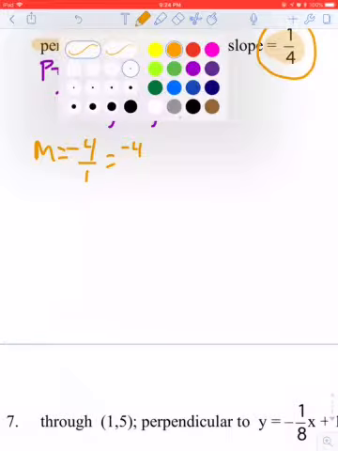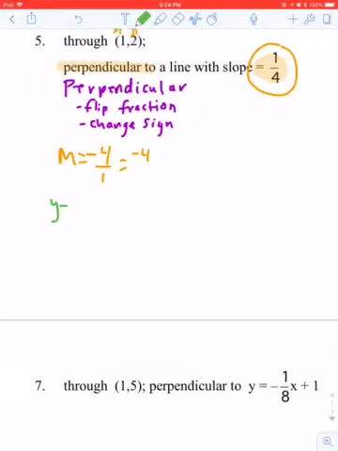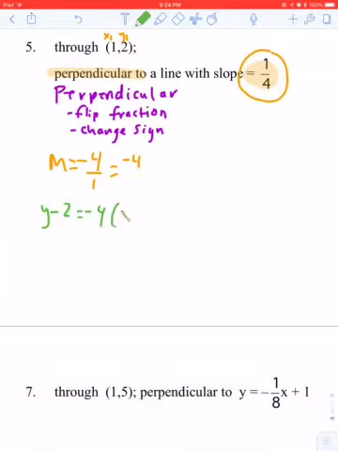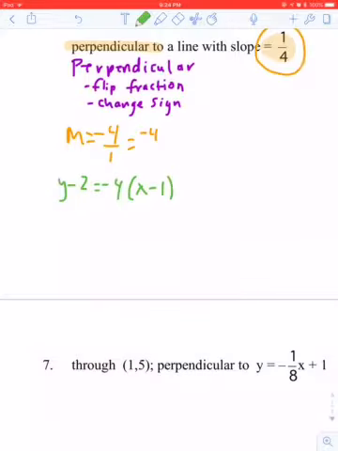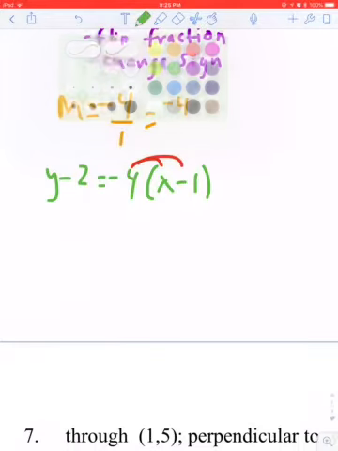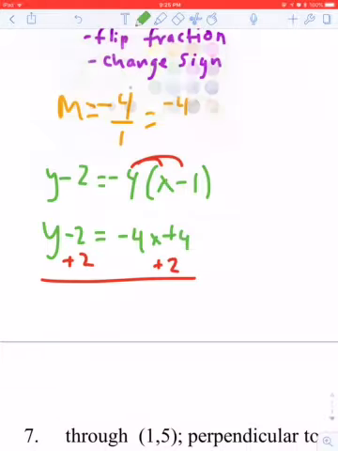So again, write it in point slope form. y minus 2 is equal to -4(x minus 1). I'm going to distribute. I get y minus 2 is equal to -4x plus 4. Last step, plus 2 to both sides. I get y is equal to -4x plus 6.